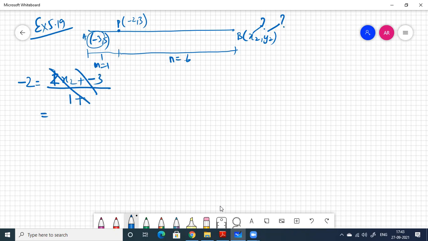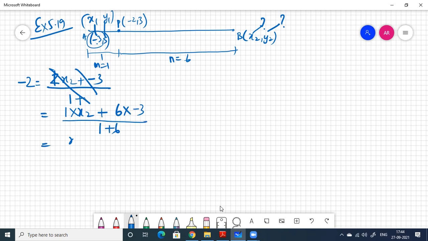I'm still doing the section formula. m is 1, so 1 into x2, and x2 we don't know, plus n is 6, so 6 into x1. x1 is minus 3, so 6 into minus 3, divided by m plus n, where m is 1 and n is 6.